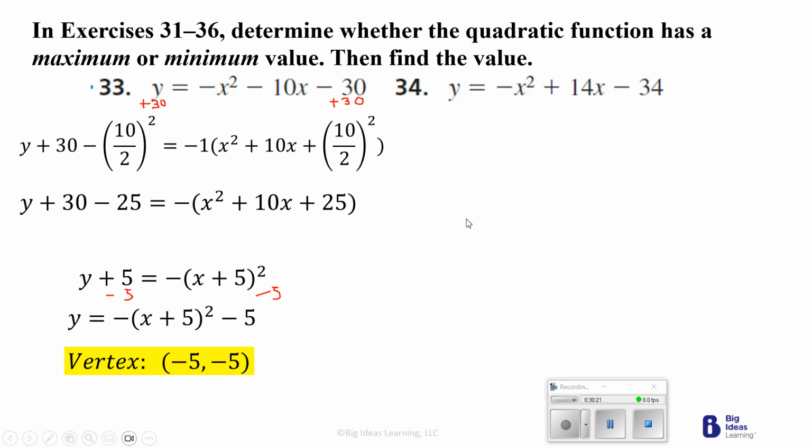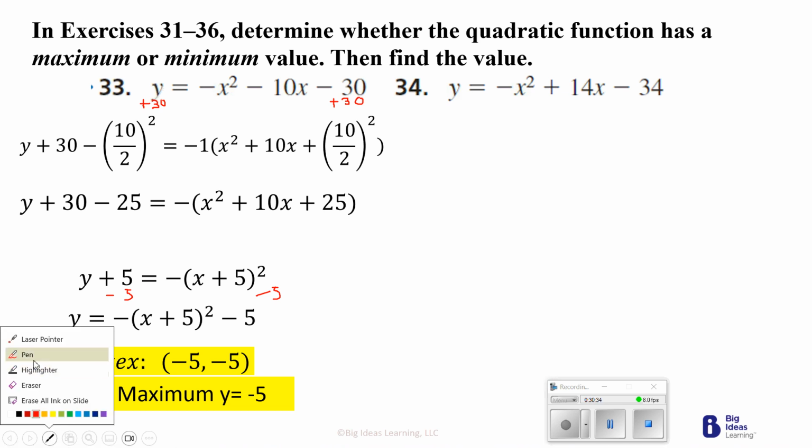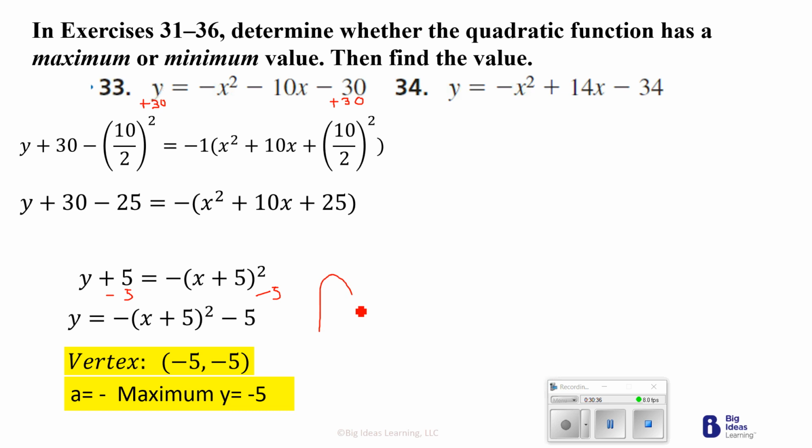All right, 34 is yours to do. Oh, I'm sorry. Since the y value is negative 5, the maximum would be negative 5. We knew this was a negative, so that was going to make a parabola that is going like this. And the minute we found the y value was negative 5, then we knew the maximum was negative 5.